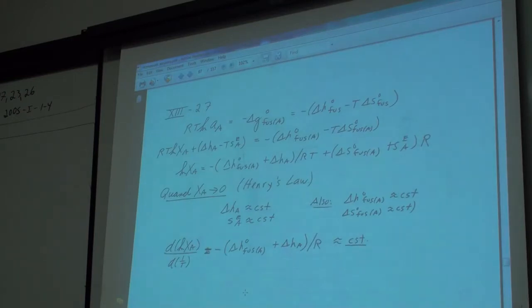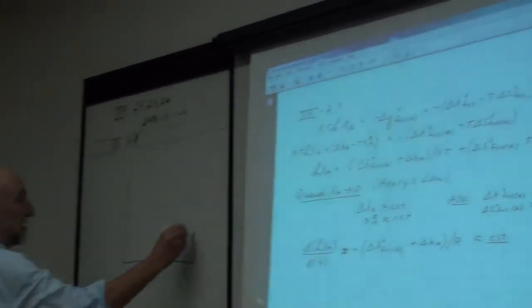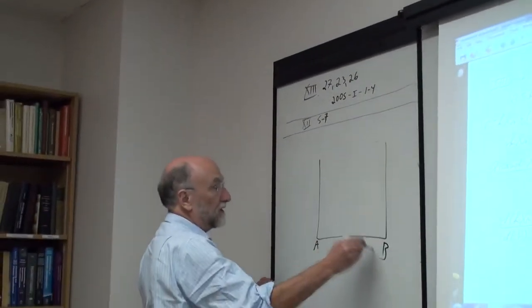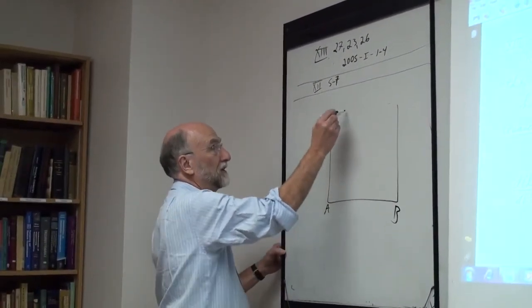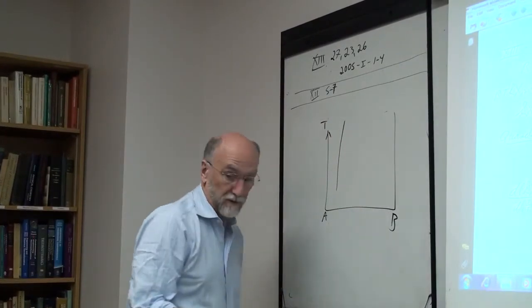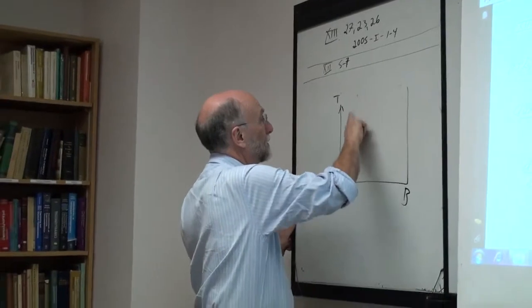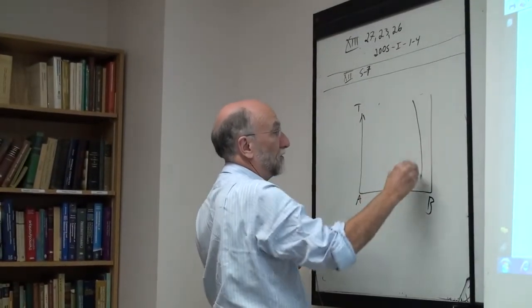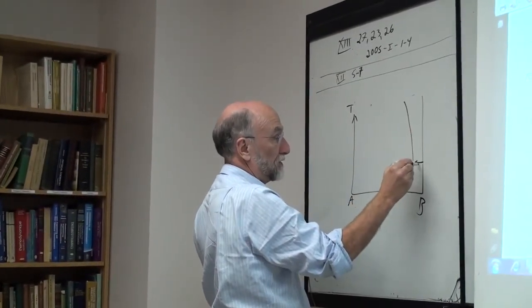Alright, so let me draw a diagram. Basically, this is A and B, this is the phase diagram, temperature, and over here you have a solution, and this is the solubility XA.